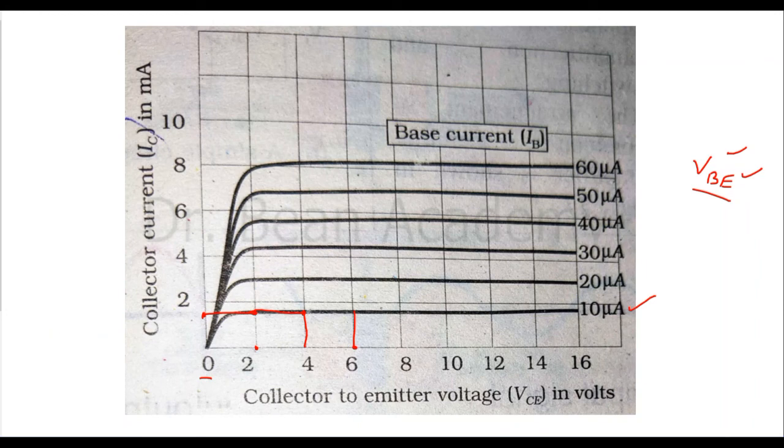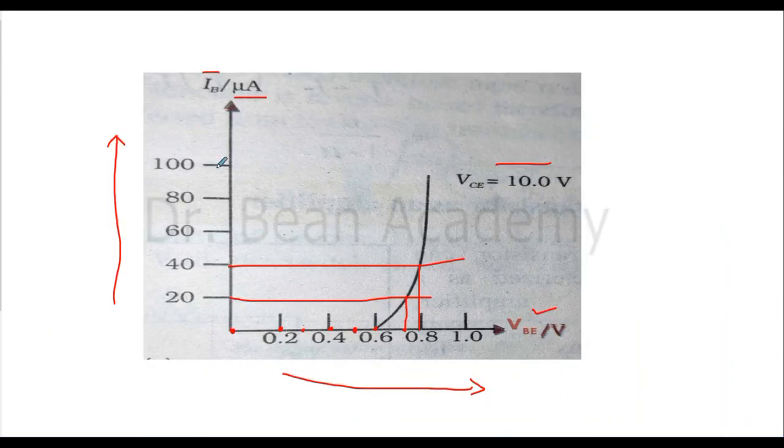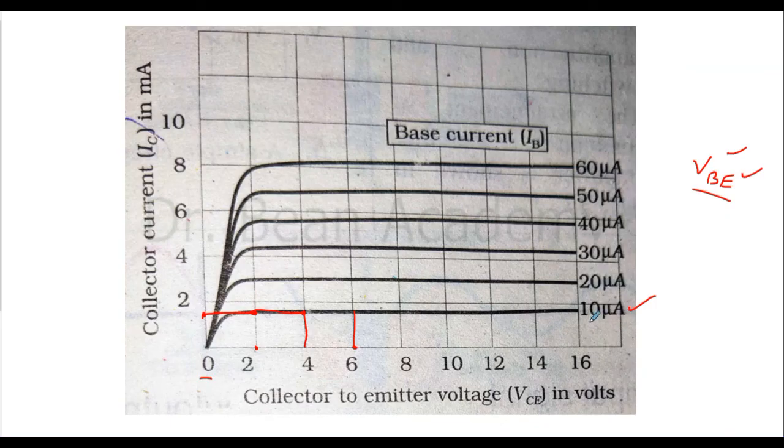So that's why I told you that when you want to compare the current from the base, it's 10 microampere, but here you are getting about 1.8 or 1.7 milliampere. This is in milliampere, remember that. For 10 microampere current from the base, you are getting 1.7 or 1.8 milliampere current.